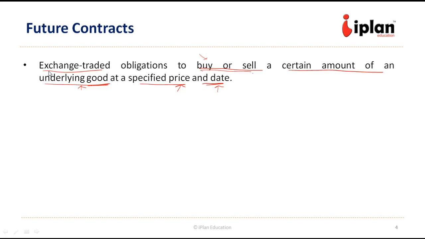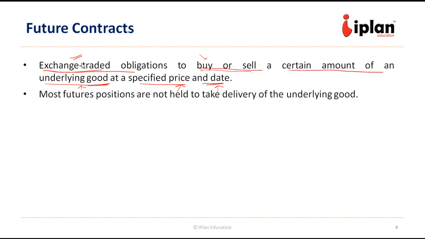So these things will be specified and they will be standardized contracts which are traded on the exchange. Practically, most futures positions are not held to take delivery of the underlying good. The objective is either to hedge against a position or sometimes a speculative position in the underlying, because futures provide you the leverage.